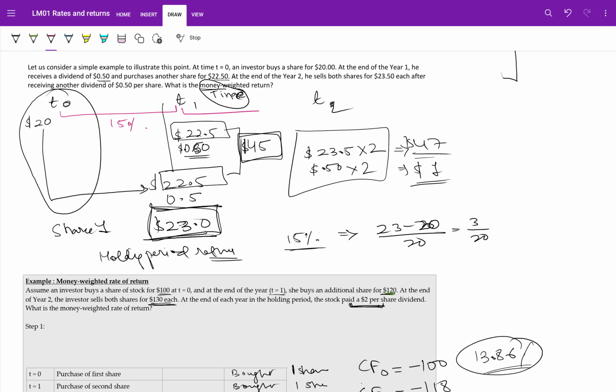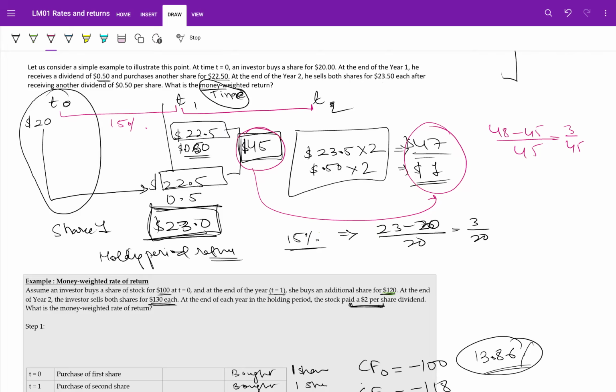From time 1 to time 2, the portfolio goes from 45 to 48. So 48 minus 45 upon 45, the holding period return is 3 by 45.